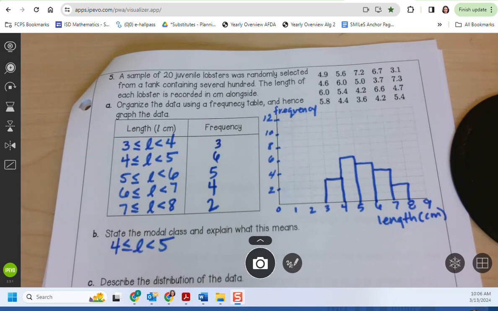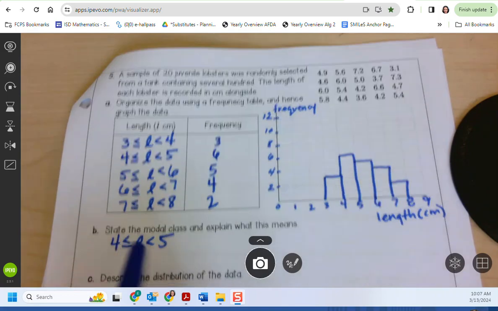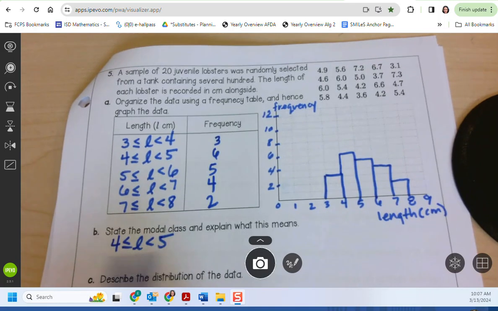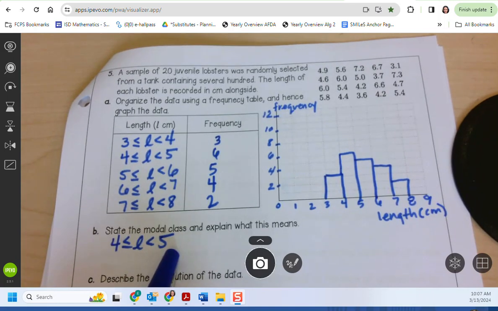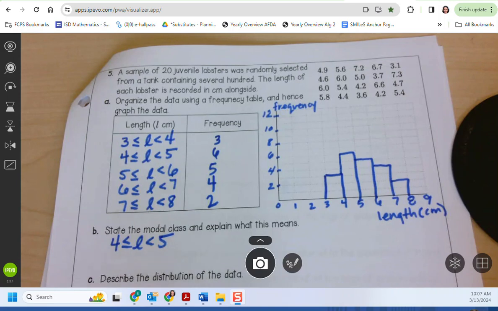All right, go ahead. It's the most common occurrence of length, but most lobsters aren't that length. Okay. So Sophia said it's the most common occurrence of length, but that doesn't mean that most lobsters are that length, because it's not that more than half the lobsters are that length, right? I wrote it a little bit differently, but it doesn't conflict with what she said, so hers is also good.